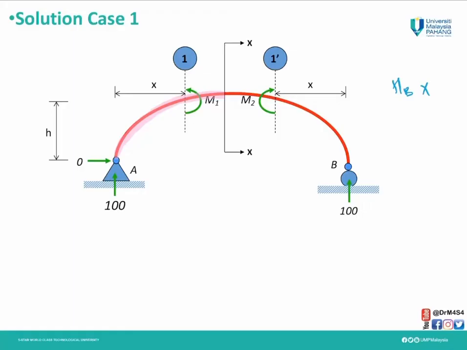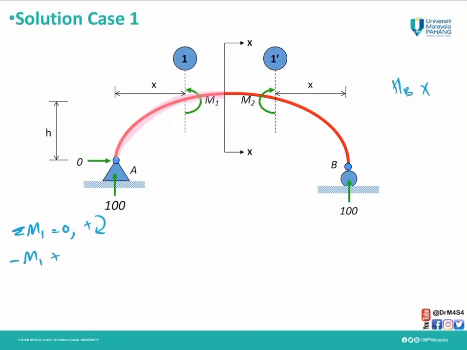So for the left side, we take summation of M1 equal to 0, and positive clockwise. Since M1 is anti-clockwise, so negative M1.